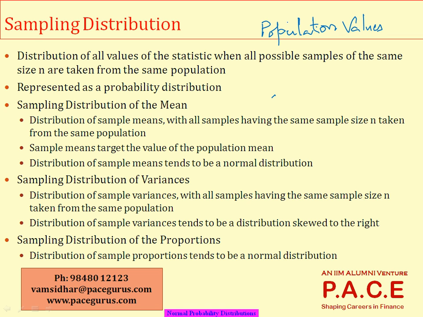So the alternative is I will take a sample, probably on a random basis some 1,000 people, find out their heights and use that information to draw some conclusion about the whole population in general. That is the purpose of statistics.